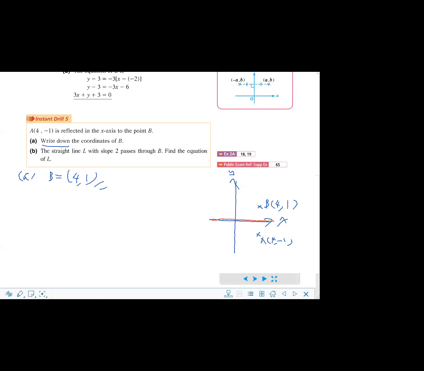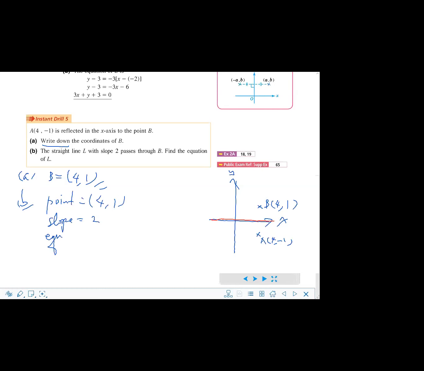Answer. And then part B, the straight line L with slope 2 passes through point B. Find the equation of L. I'm going to use the point slope approach. The point is 4, 1, and the slope is given to be equal to 2.